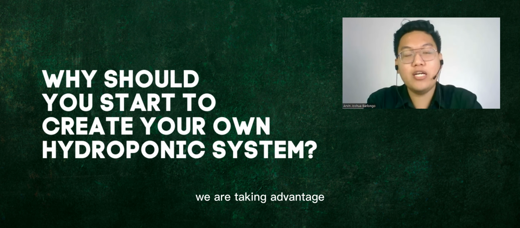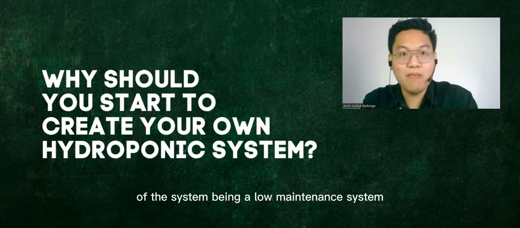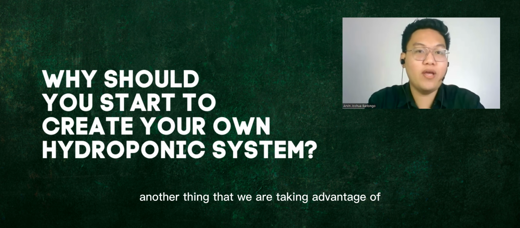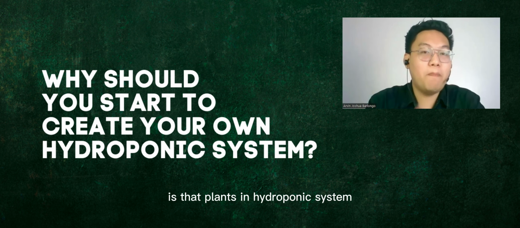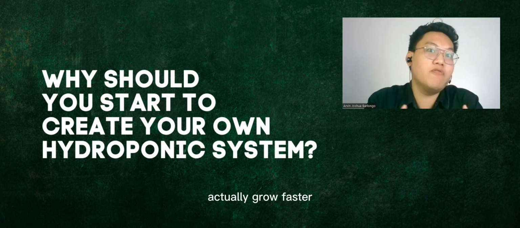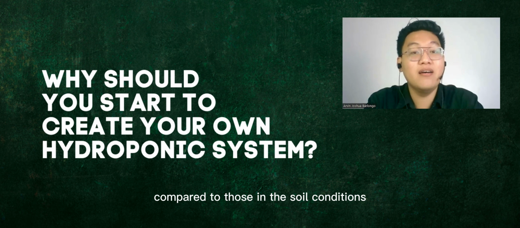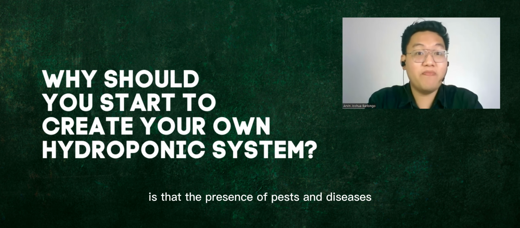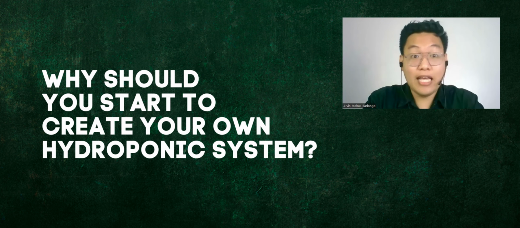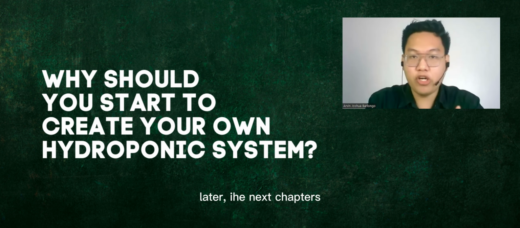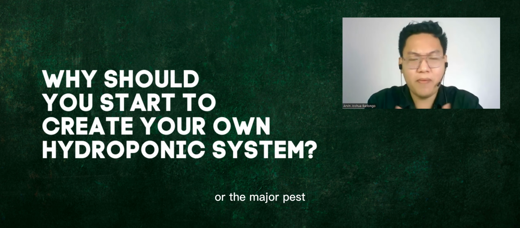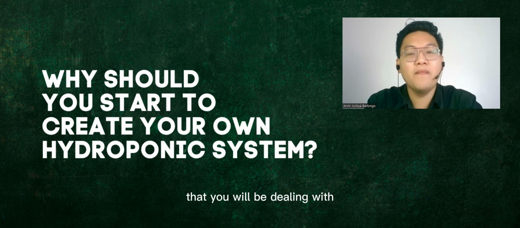In hydroponics, we are taking advantage of the system being a low maintenance system. Another thing that we are taking advantage of is that plants in a hydroponic system actually grow faster compared to those in soil gardening. And another one is the presence of pests and diseases. Later on in the next chapters, we will be talking about the major problem in hydroponics, or the major pest that you will be dealing with.